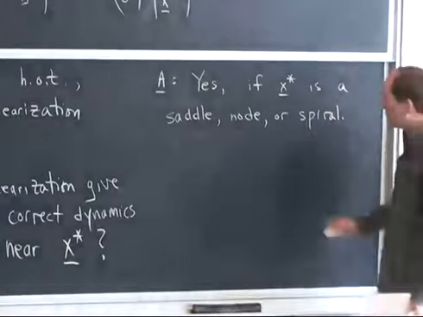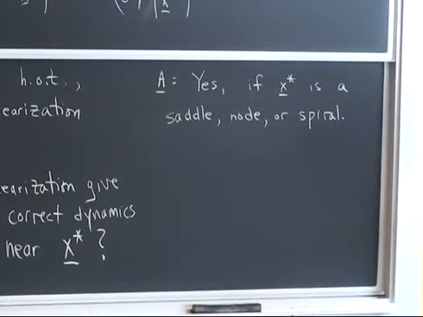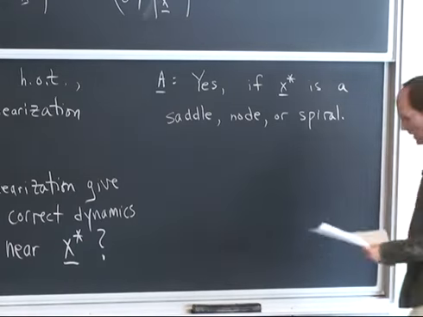That is, if the linearization says that this point is a saddle, it really is for the full nonlinear system when you don't neglect the higher order terms. And likewise with a node or a spiral.